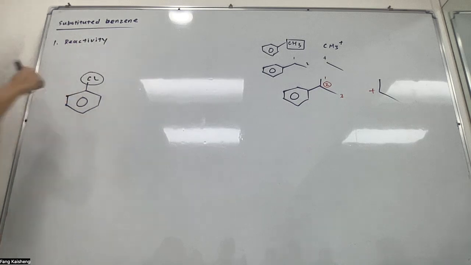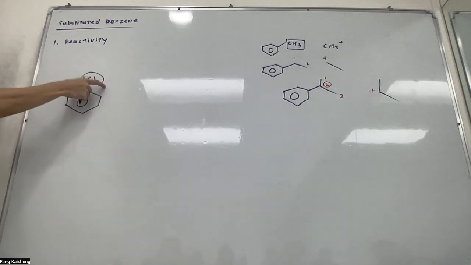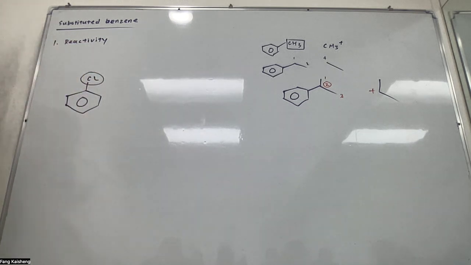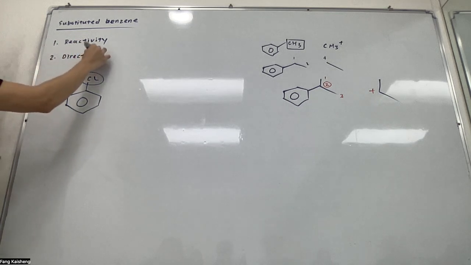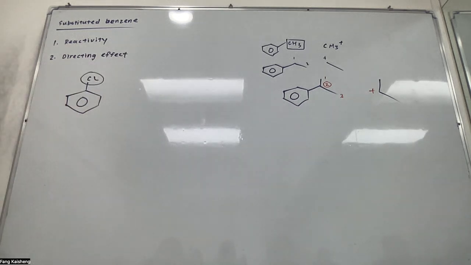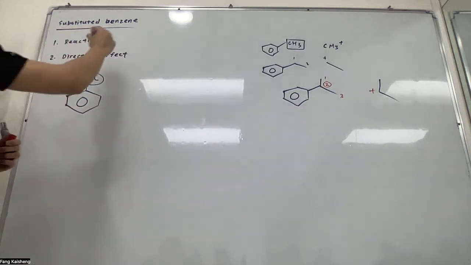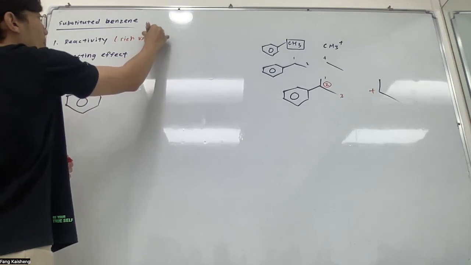All these substituents of benzene, all these additional add-ons, as you can call them, will affect how benzene reacts. I will cover this in a bit. There's also another thing that it will affect. It will affect this thing called the directing effect. Just ignore that first, later I'll come over this. But more importantly, for reactivity, I want you all to bracket at the side right there: it's all about rich versus poor.